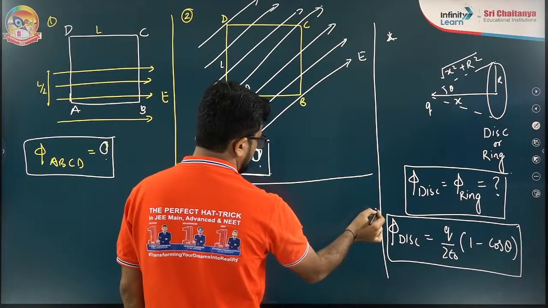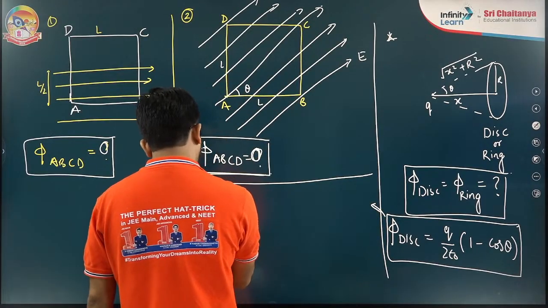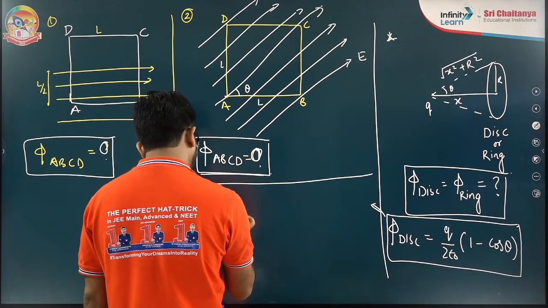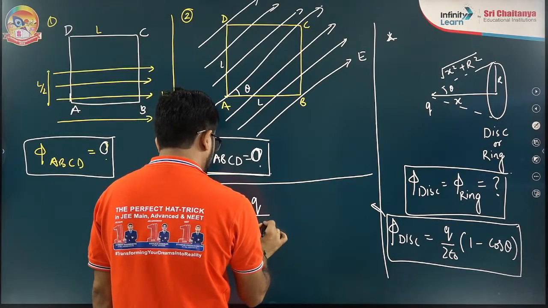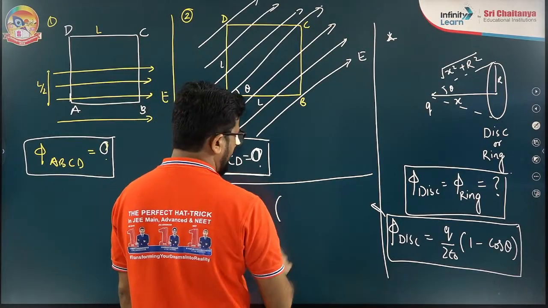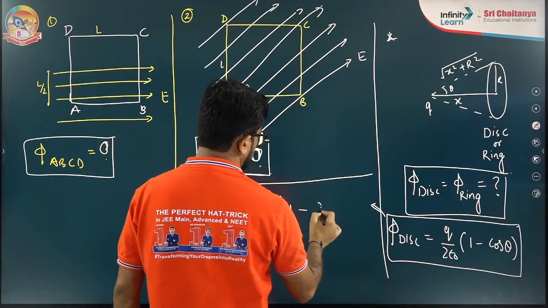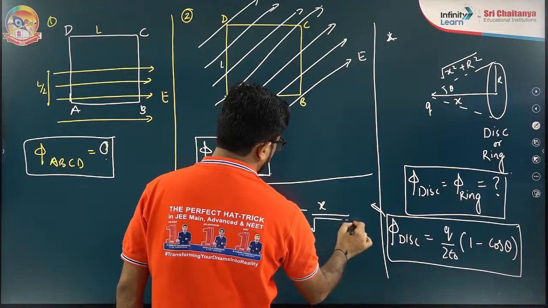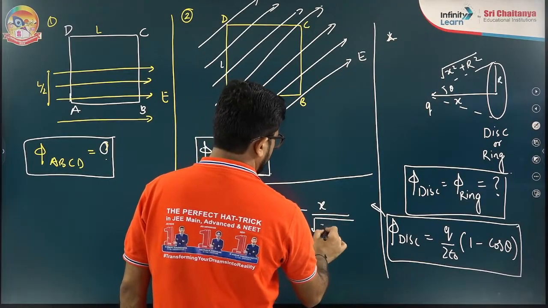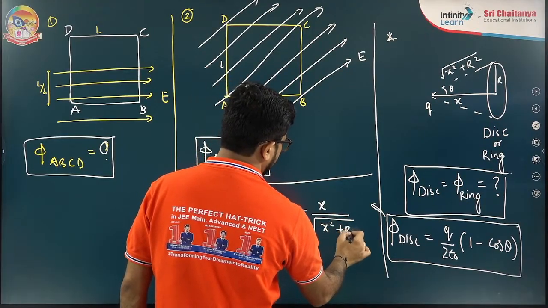I am writing here this term. Try to understand it. This is the phi due to disk is equal to q by 2 epsilon naught, bracket 1 minus cos theta. Cos theta would be x upon under root of x square plus r square.